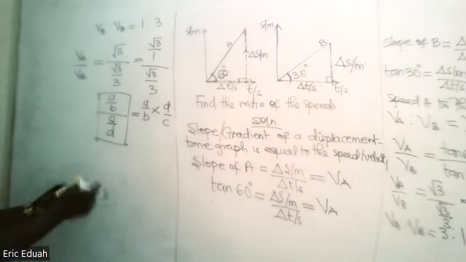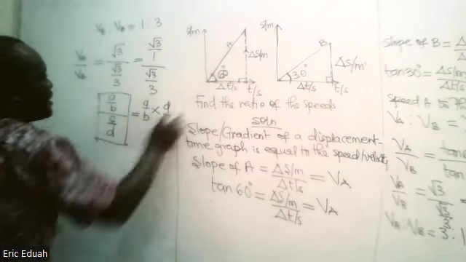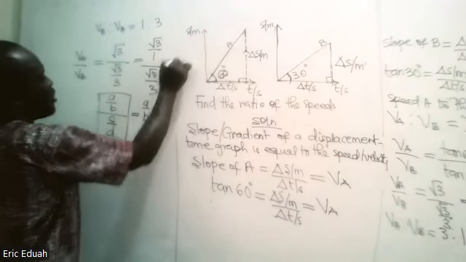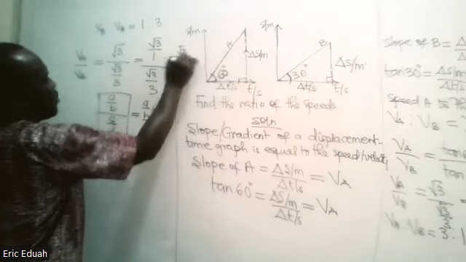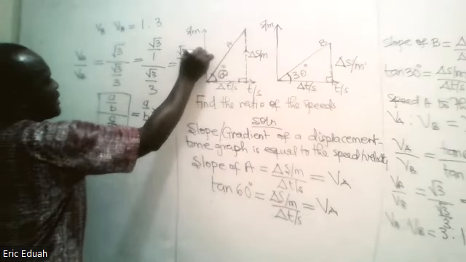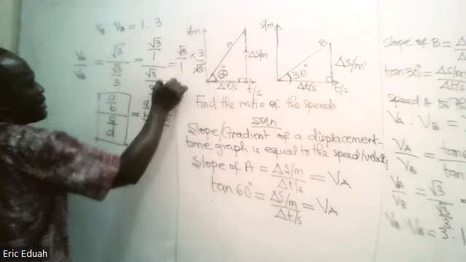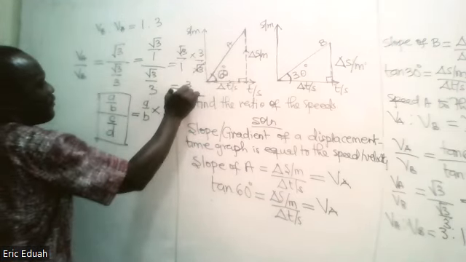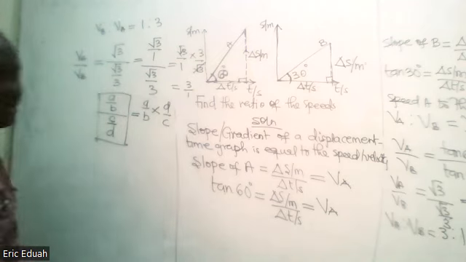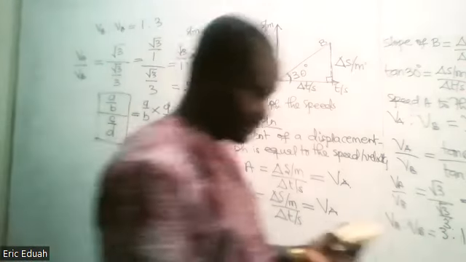So this will be equal to root 3 on 1 times 3 on root 3, so that this and this will cancel. So you have 3 is to 1. Florence, all is well.